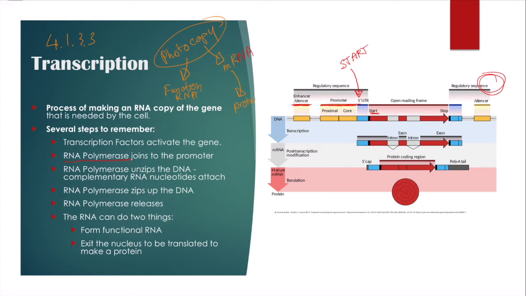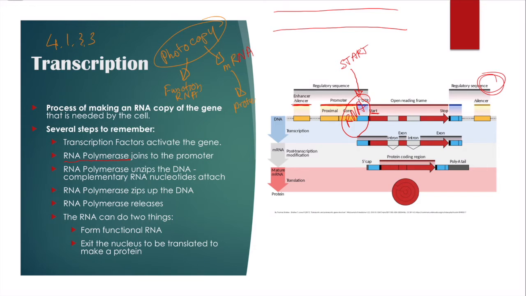Once he does join on, if he actually does join on here and get ready to go, well, he actually has to do a few things. The very first thing he needs to do is unzip the DNA so that he can access one of the strands. Because remember there's a double strand here, and only one of them actually has the instructions on it.